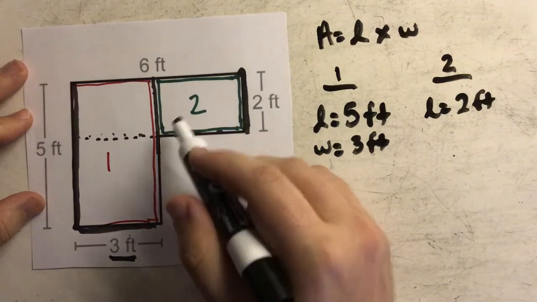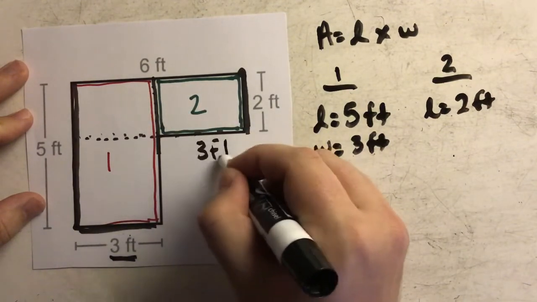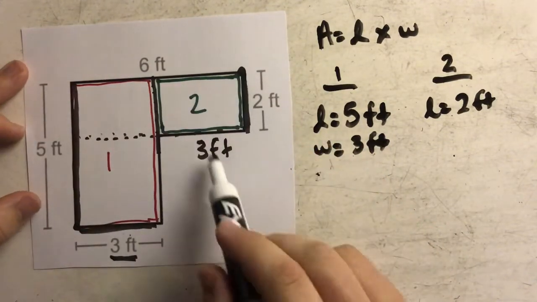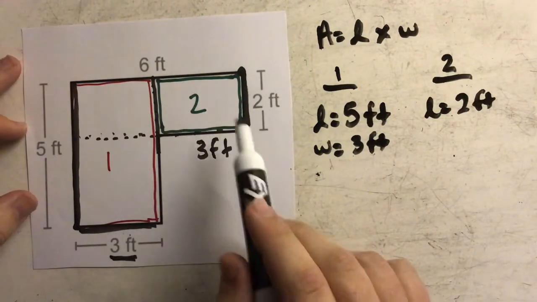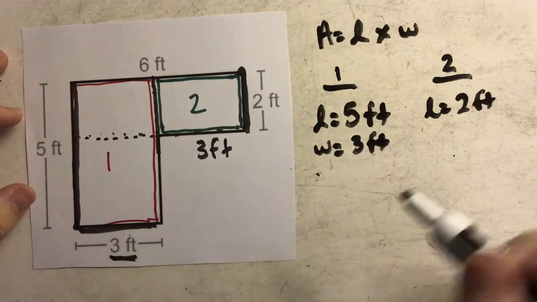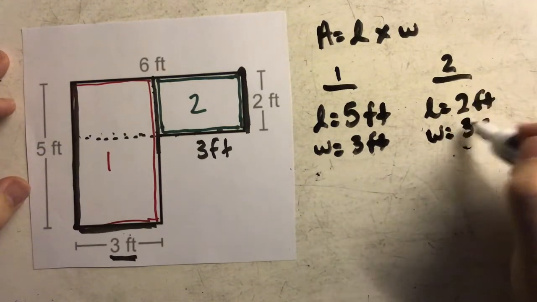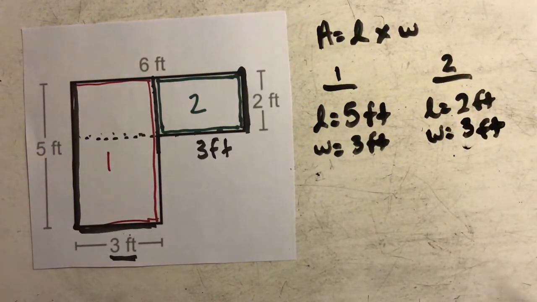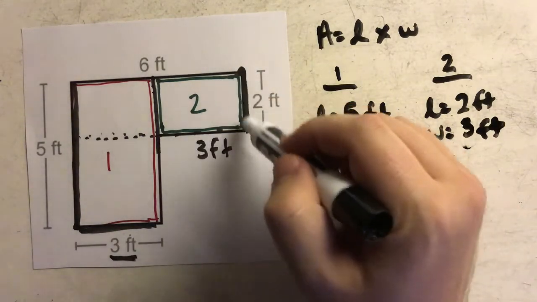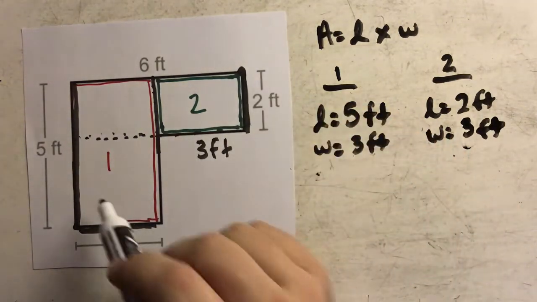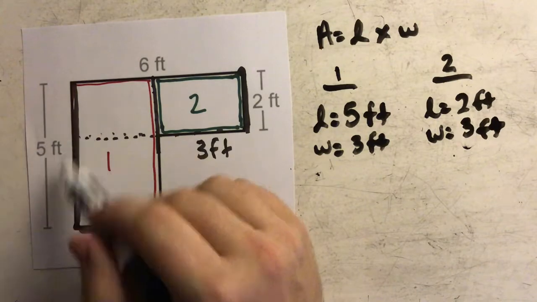So 3 feet and 3 feet would give me 6 feet. So I know that my missing length here is going to be 3 feet. So this length and this width is 2 by 3. This length and this width is 5 by 3.